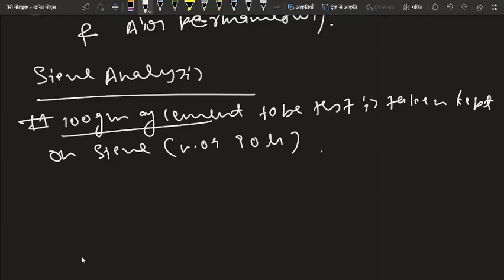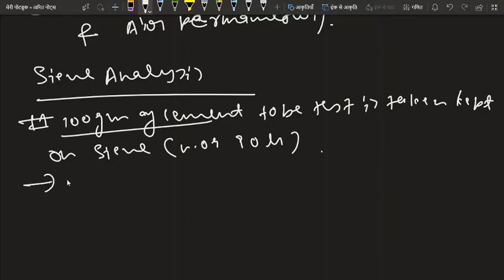Then we note that the residue should not be more than 10%. This test shows the size of cement particle.